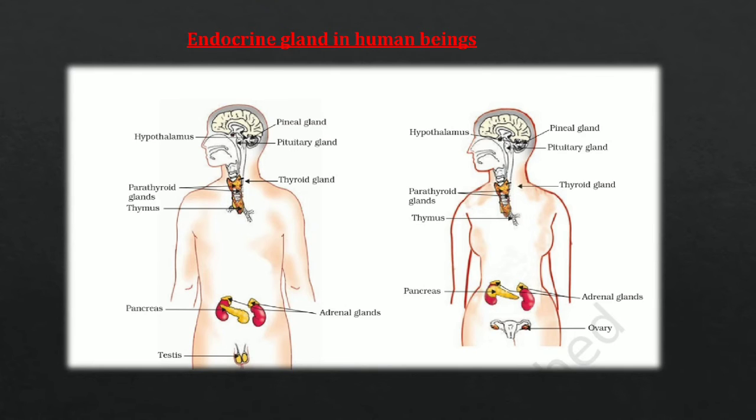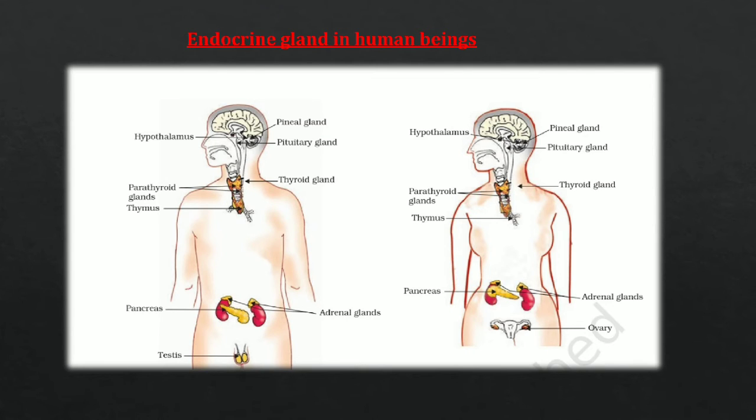There is the hypothalamus, which is also part of the forebrain, and there is the pineal gland. Below the pineal gland, there is the pituitary gland, which is also called the master gland.